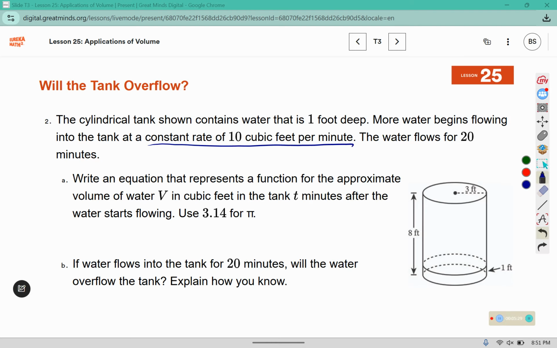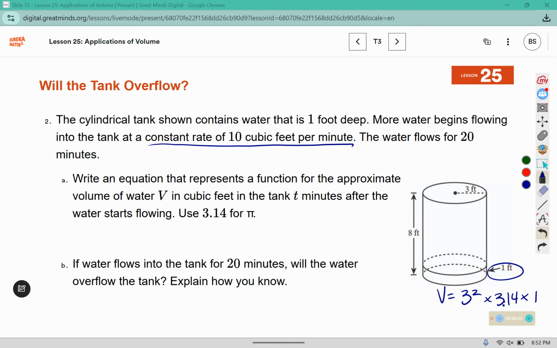but we do need to know the initial value to help us figure out what the b or the y-intercept of the equation would be. We know it starts with 1 foot deep, but we need to know how much volume that is. So we have a radius of 3 times pi times the height, which is 1 foot for the volume of water that's already in there.